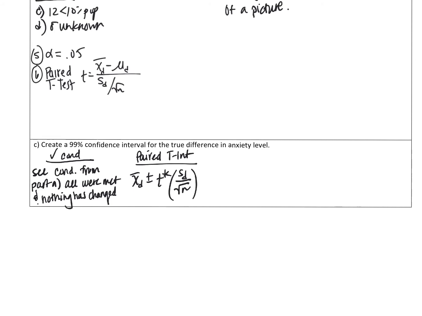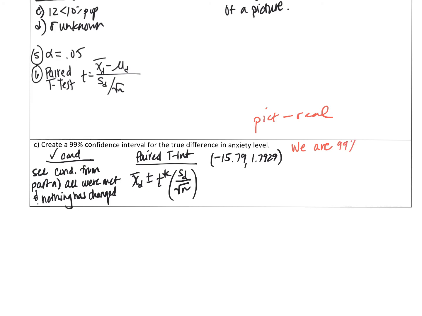And calculate, you should get negative 15.79 to 1.7929. Okay, this is going to be a little difficult to interpret, but we can do it. Remember, the reason this is negative is I have the picture minus the real.